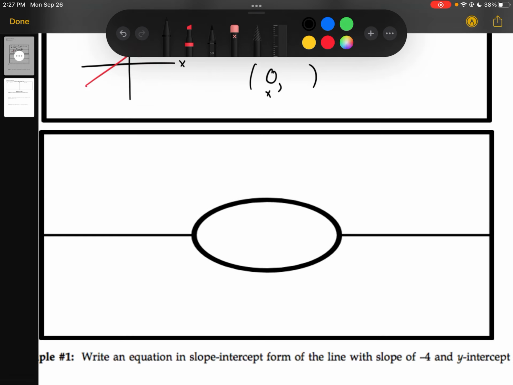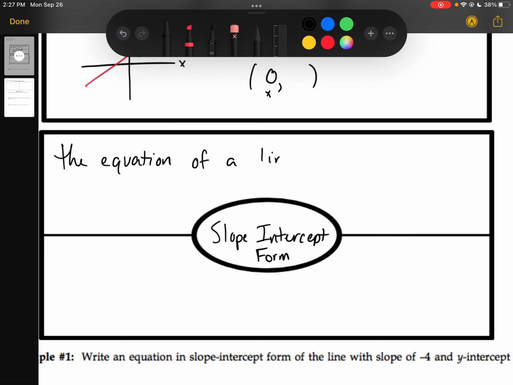The second thing that we're going to take a look at today is slope-intercept form. So this is the equation of a line using m as slope and b as the y-intercept.